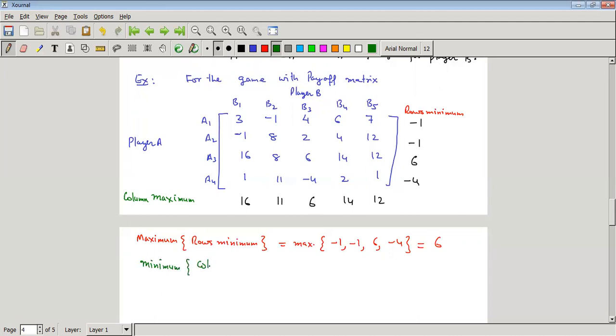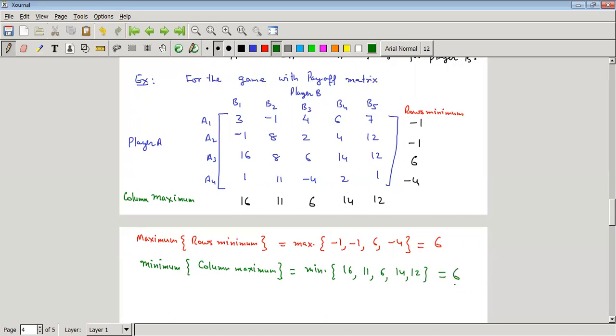Now second, what we do, we find the minimum of column maximum. Minimum of column maximum: the column maximums are 16, 11, 6, 14, 12. What is the minimum of this?